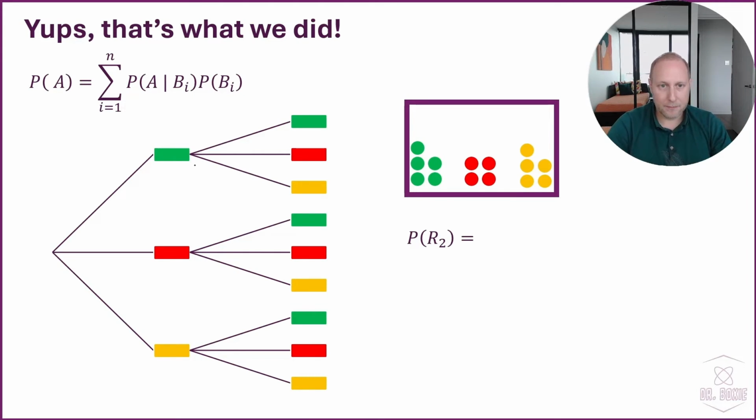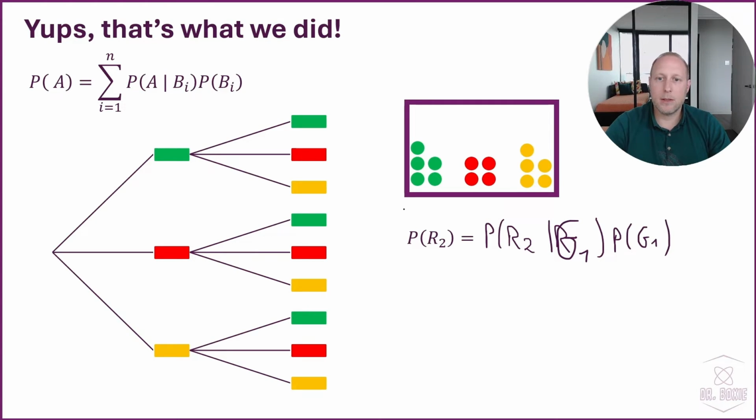So using this formula now, this tells us that that is the same as the probability of R2 conditioned on, I'll write it in the same order as before, G1 times P of G1. So that is our B1. Plus the probability of R2 given R1 times P of R1. This is our B2.